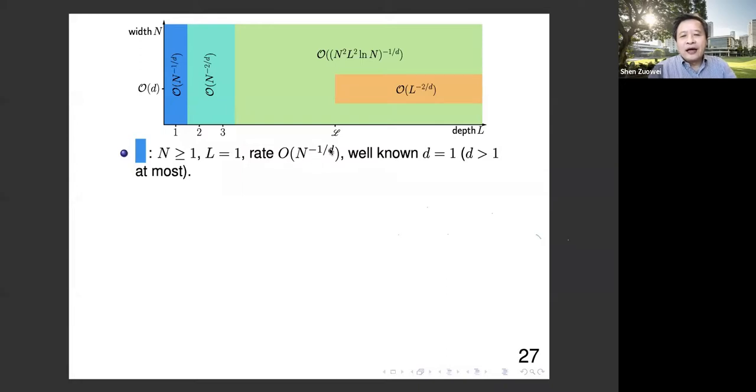In fact, for d equal to 1 I knew it when I was a student, but for d bigger than 1, everybody says it's true, but no proof. You can prove you cannot exceed that, but nobody has a complete proof for d bigger than 1. That's exactly this one. Even for ReLU, no proof.